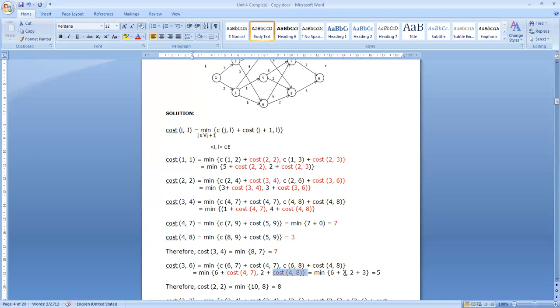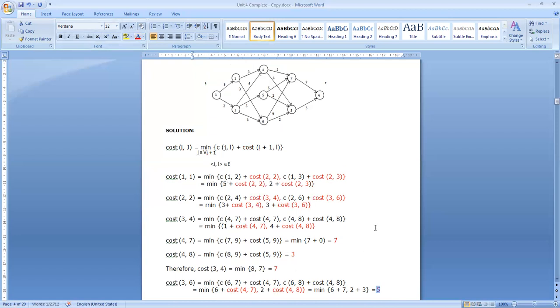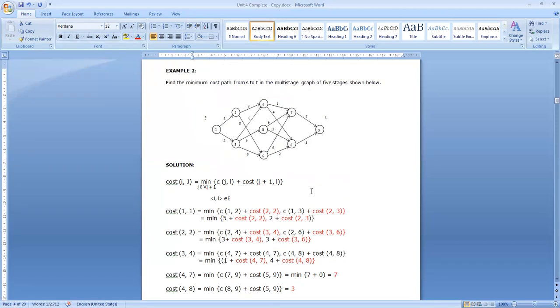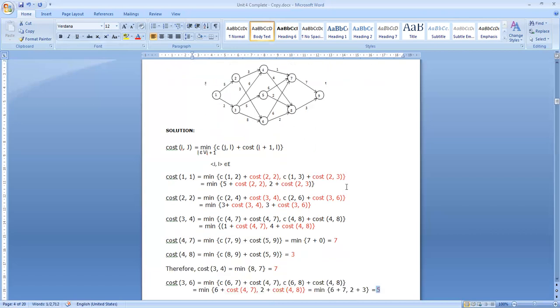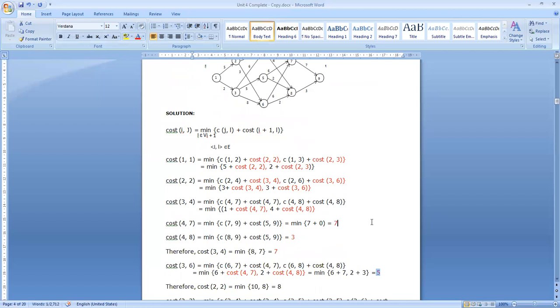So it is 6 plus 7 is 13, 2 plus 3 is equal to 5. So cost of 3 comma 6 is equal to 5. Now it is computed.